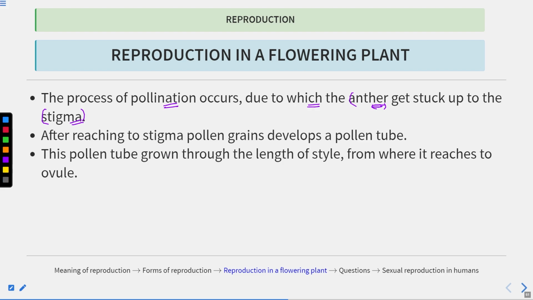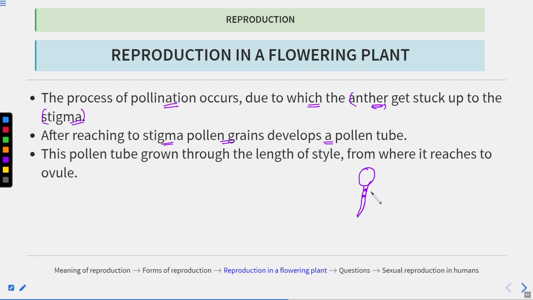Now after reaching the stigma, what will happen? The pollen grains develop a pollen tube. Clear? And through this pollen tube, the male gametes will be transferred, and one of the male gametes will fertilize the egg cell. Clear? So if this is the pollen grain, it will germinate when it lands on the stigma, and then this pollen grain will form 2 male gametes.